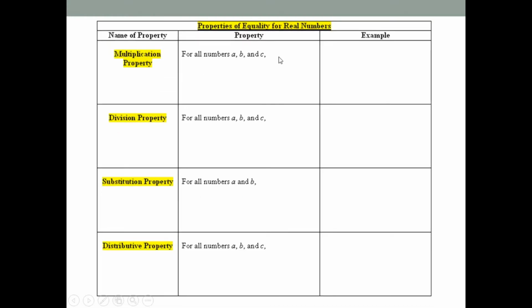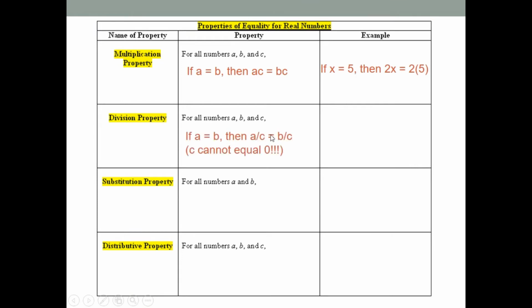The multiplication property of equality allows us to multiply both sides of an equation by the same thing and still have it be a true equation. Then finally, the division property of equality allows us to divide both sides of an equation by the same thing and still have it be true. These four properties are where the majority of your steps to solving equations come from.